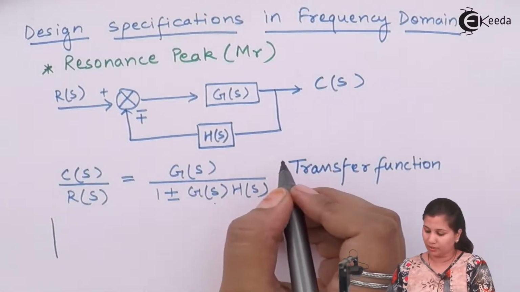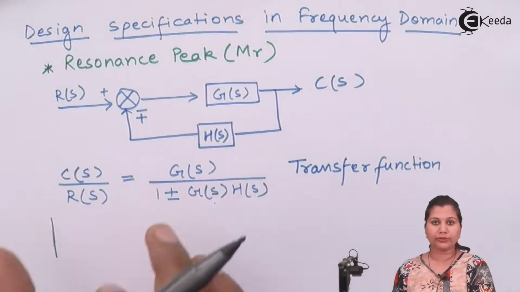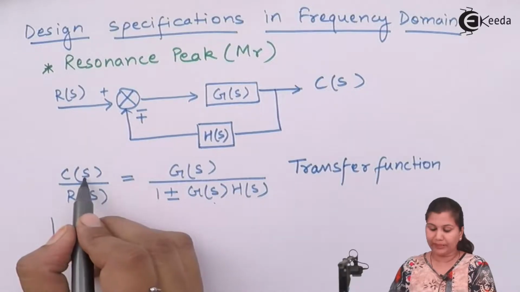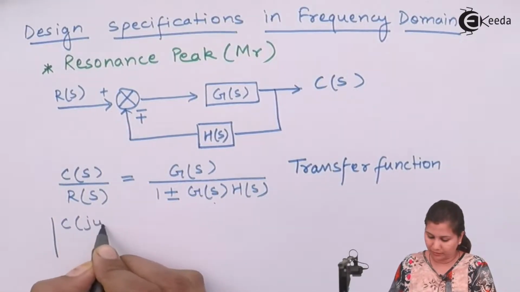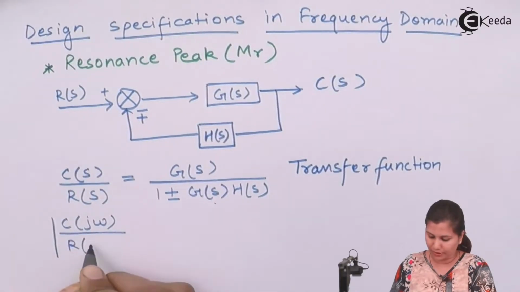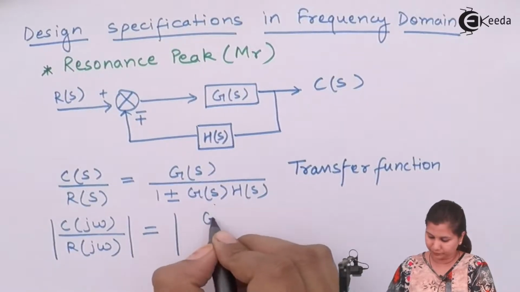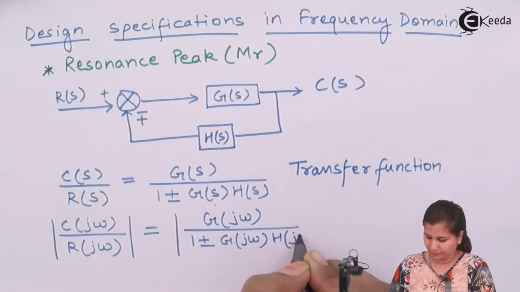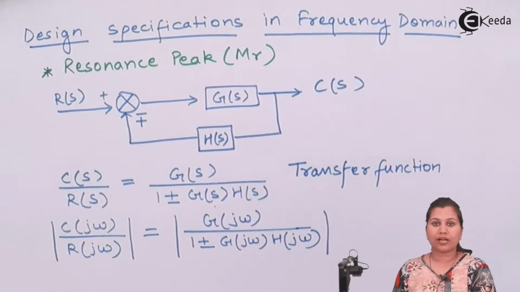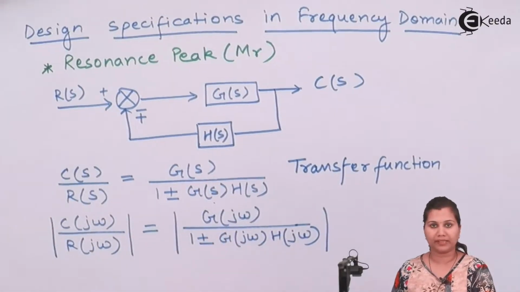If we want to convert it into the frequency domain, we have to replace s by jω. So C(jω)/R(jω) is the transfer function in the frequency domain. We have replaced s by jω, so it is converted into the frequency domain.